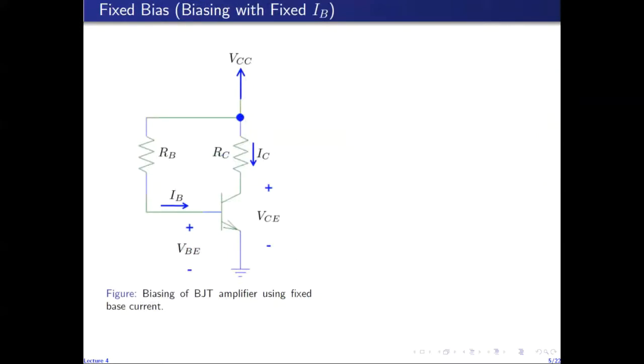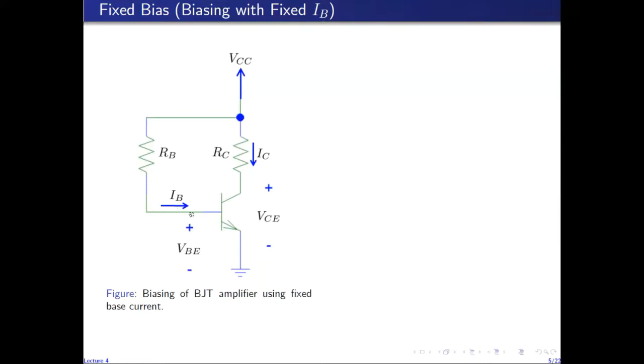So the next scheme is called fixed bias. It is also called biasing with fixed IB because if you look at this circuit, this end of the base resistance RB is at a fixed voltage of VCC with respect to ground, and the base emitter voltage can also be taken to be constant because we know that a base emitter junction is forward biased, and during forward biased operation, the forward voltage does not vary much.